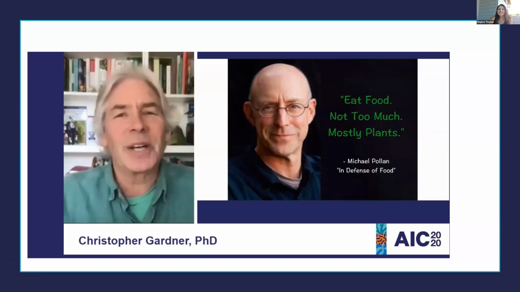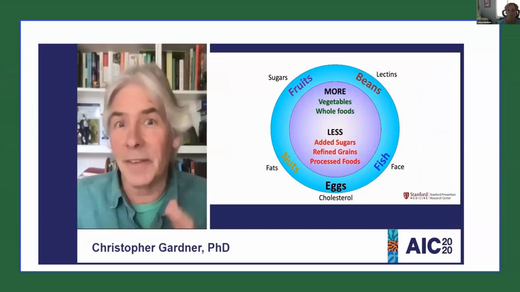And this is how he started his talk: eat food, not too much, mostly plants. This is something that I relate to a lot as well. You definitely want a lot of vegetables and whole foods in your diet.